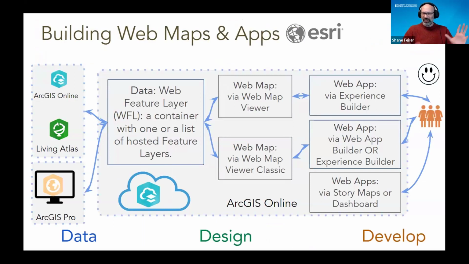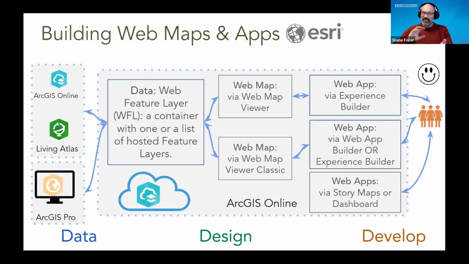So real quick, here's a schematic of building web maps and apps within ArcGIS Online. Once again, we're going to return to data, design, and develop. Here, the data is going to come from either ArcGIS Online, the Living Atlas, or ArcGIS Pro. You're going to push those data up to ArcGIS Online as web feature layers or another type of feature layer. You're going to bring that into a web map, whether it be the classic viewer or the new viewer.